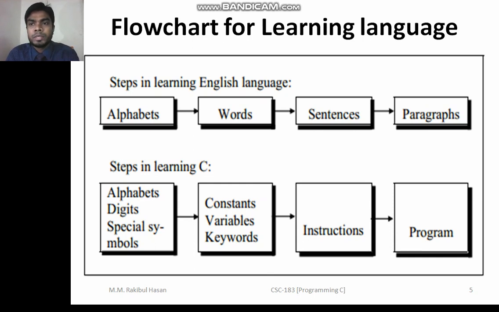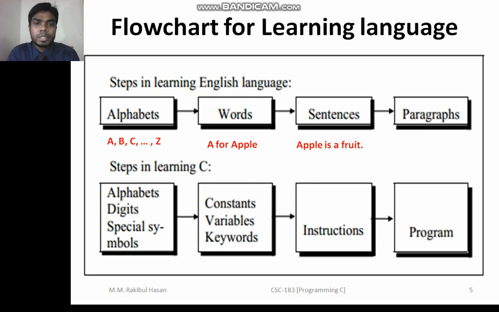At first we learn definitely alphabet, capital A to Z and small a to z. Then by using this alphabet we make some words like A for apple, B for ball, C for cat, in this way we learn how to make words by using this alphabet. Then by using these words we make a full sentence, like apple is a fruit, isn't it?